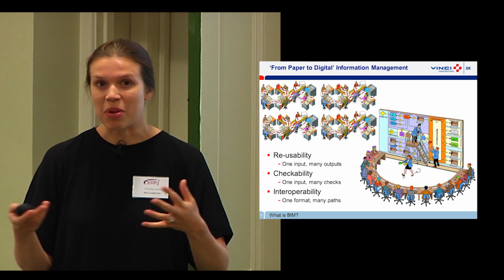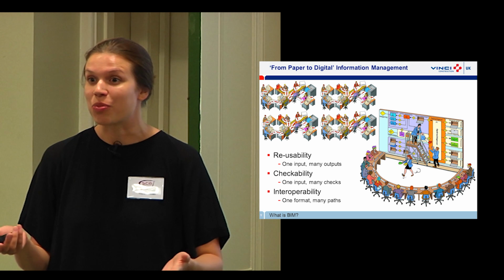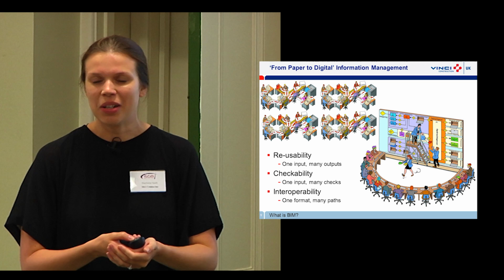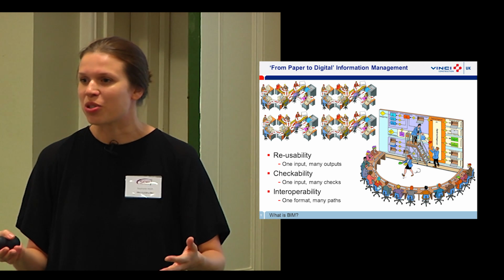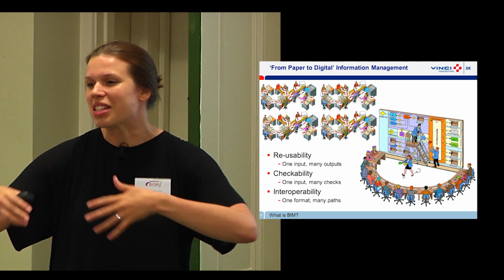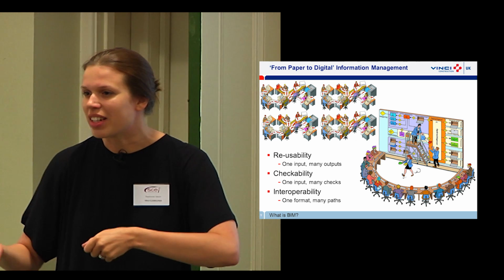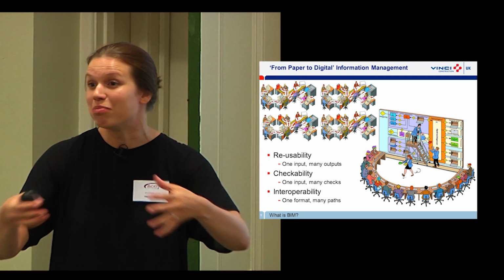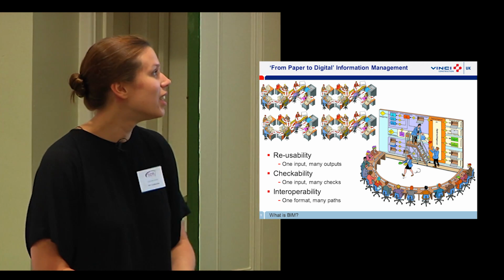So what is the difference between a BIM project and a traditional construction project? You can see here in the top left-hand corner is an illustration of what a traditional building project looks like. You've got all your teams sitting at separate desks, normally in separate offices, pushing paper around and then putting it in a filing cabinet, and at the end of the day, the client will get that big filing cabinet of files.